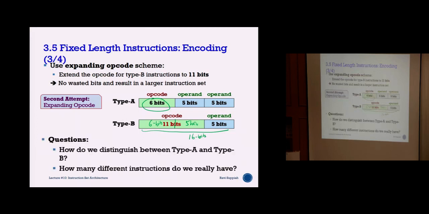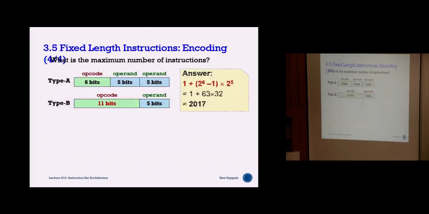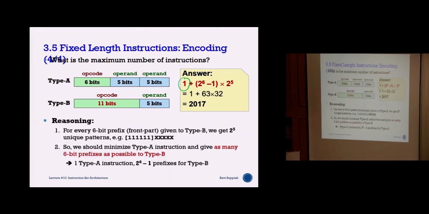So what I need to do is reserve one instruction where the upper 6 bits is set aside for type A alone, and then everything else I can use for type B. So I have only one type A instruction where the upper 6 bits is fixed and reserved for type A, and then the remaining is 2 to the power of 6 minus 1, multiplied by 2 to the power of 5.